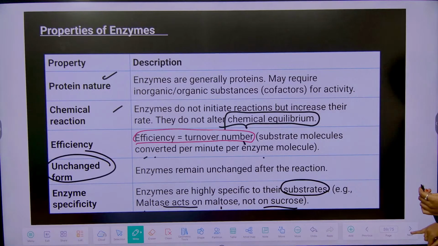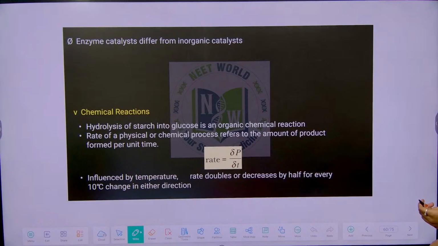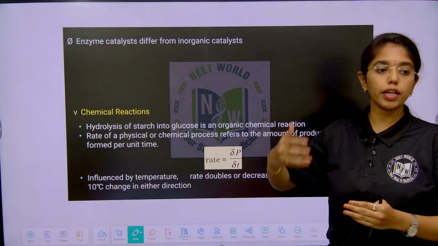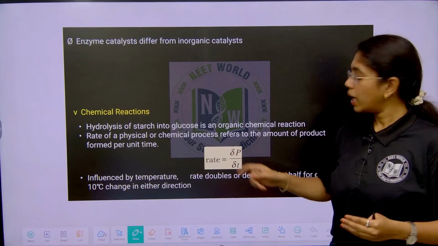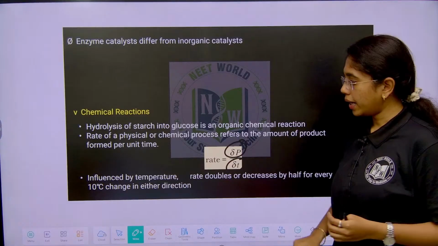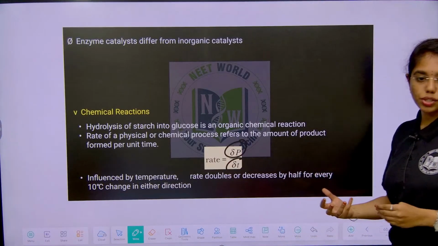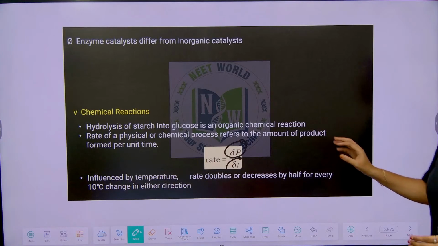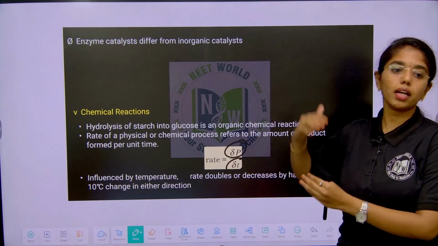Done all? And then chemical reactions. How can you look into the rate of a chemical reaction? It is by the number of products formed per unit time. And what is the influence of temperature? We learn it under factors affecting enzyme activity also. The rate is doubled or decreased to half.